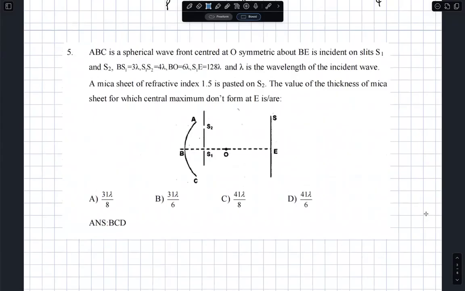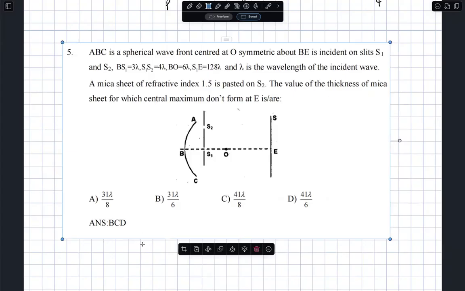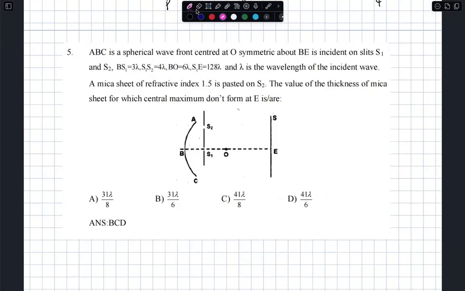Now you take ABC as a spherical wavefront centered at A, symmetric about BE, with S1 and S2. BS1 is 3 lambda.